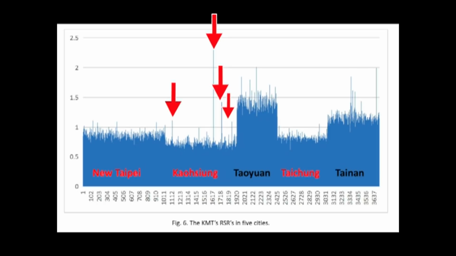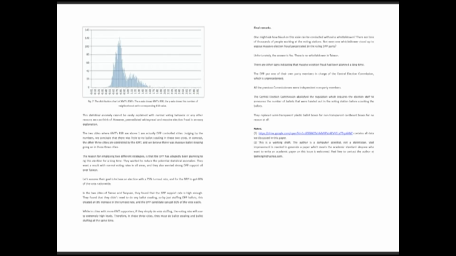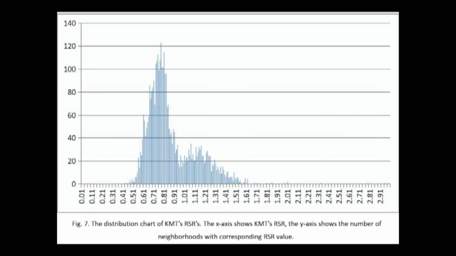of those areas. Okay, these are the last 2 pages of Dr. Ma's report. You can see that there's one more graph there. So in this last graph, we can see the KMT support is on the x-axis, and on the y-axis, we can see the number of areas which have that relative support rate. So we can see basically that there are 2 peaks.